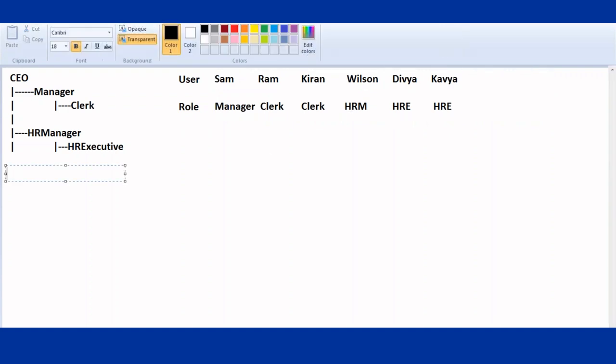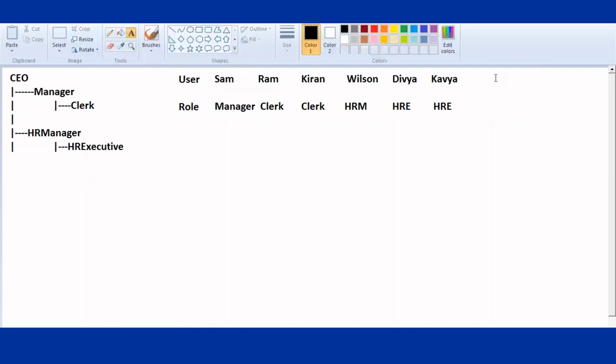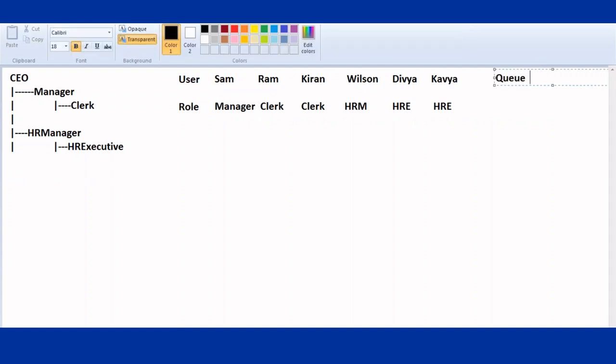Now in the database, I have a queue. In the queue we have Sham. We have a public group, the sales team, where we have Sham.